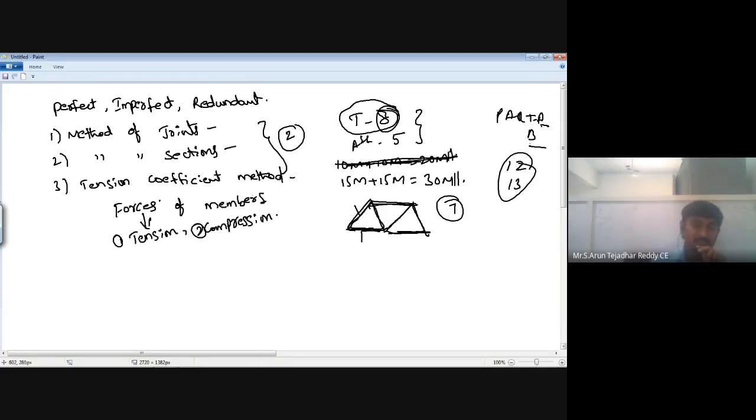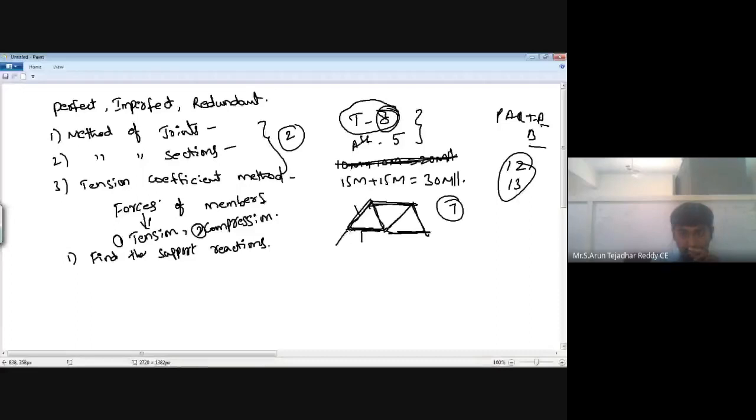Okay, everything is fine. So what is the first step in a truss? The first step is to find the support reactions. All of you note down: find the support reactions. Basically this is one example.